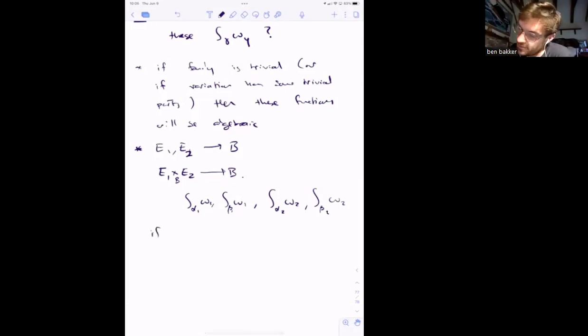So if E1 and E2 are isogenous, then there will be some dependence among these.